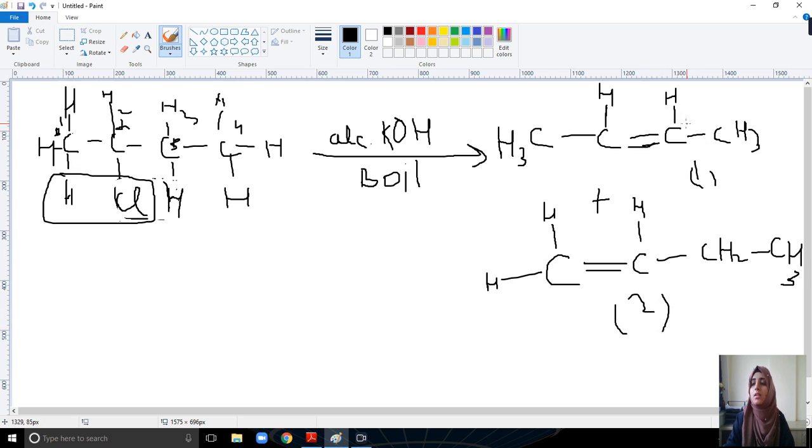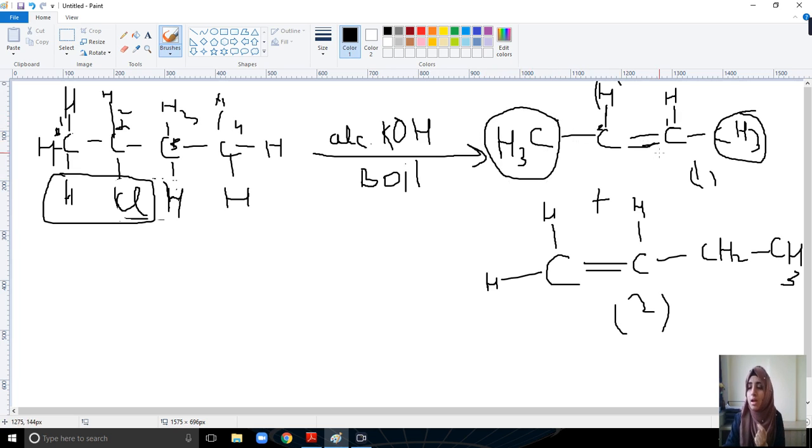In the first product, the carbons having the double bond we number 1 and 2. Carbon number 1 has 1 hydrogen atom and 1 alkyl group, that is one alkyl substituent. On the second carbon there is 1 hydrogen atom and a second alkyl substituent, that is methyl.